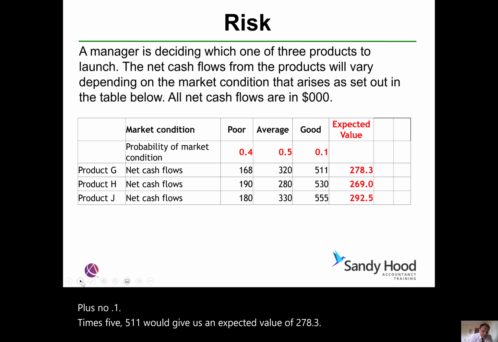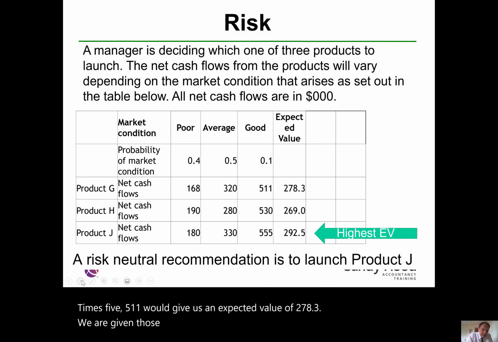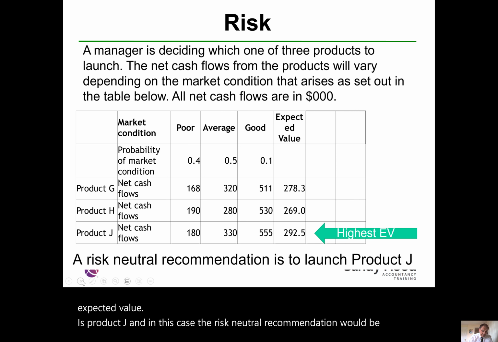We are given those so we can identify that the product which has the highest expected value is product J, and in this case the risk neutral recommendation would be to launch product J.